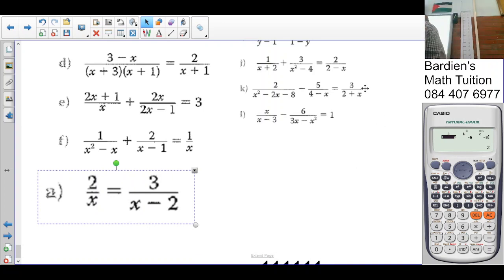Okay, let's look at the first one. I think I need another page.